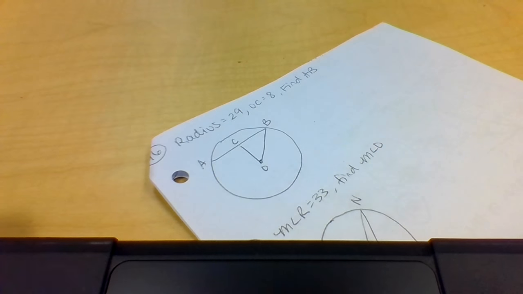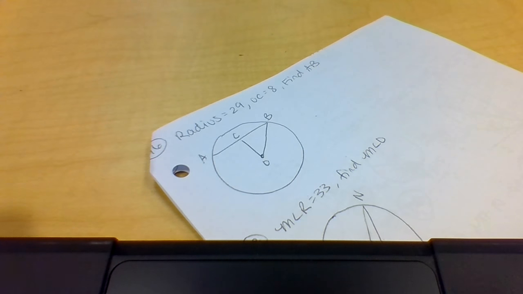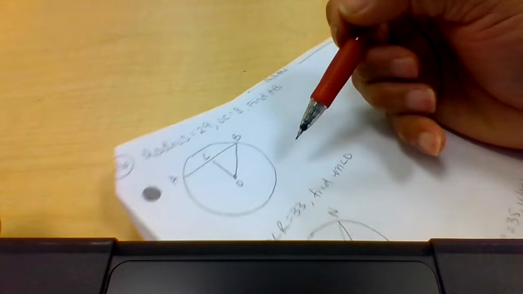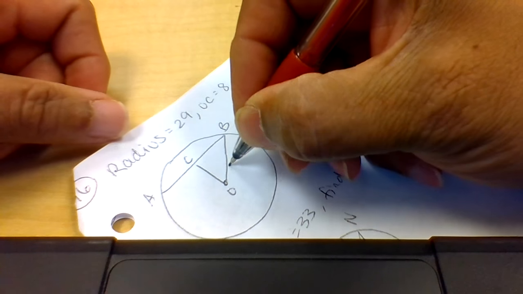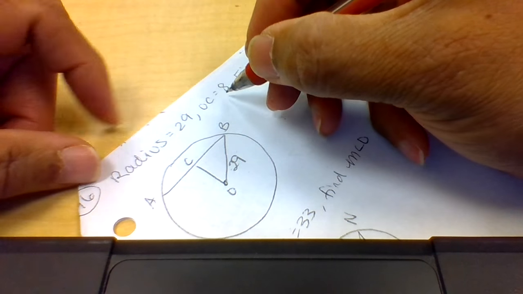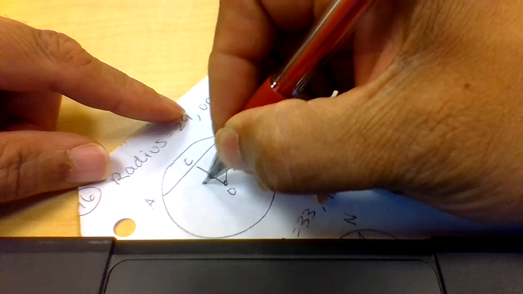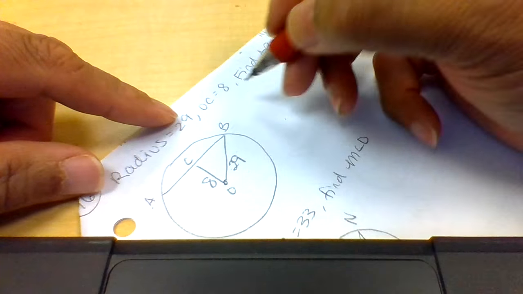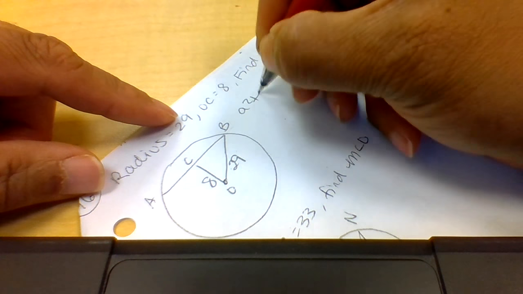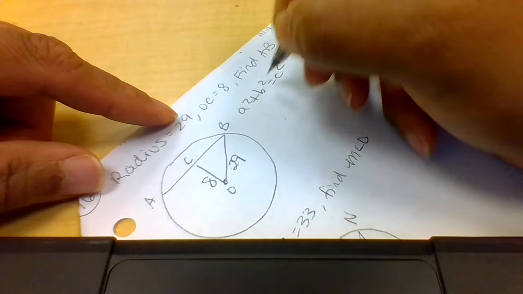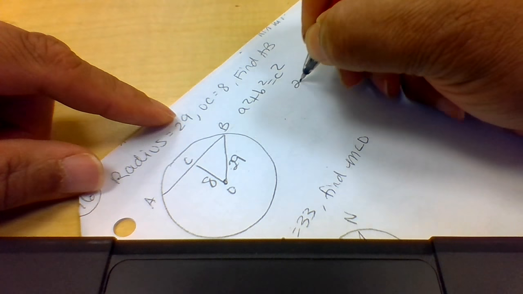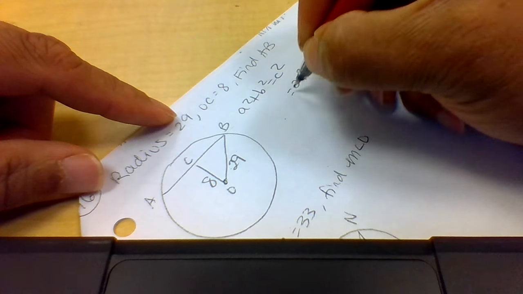Next problem. The radius is 29. So I'm going to come here and put 29. OC is 8. Find AB. So find all the way across. So again, A squared plus B squared equals C squared. In this case, the hypotenuse is C, which is 29 squared.